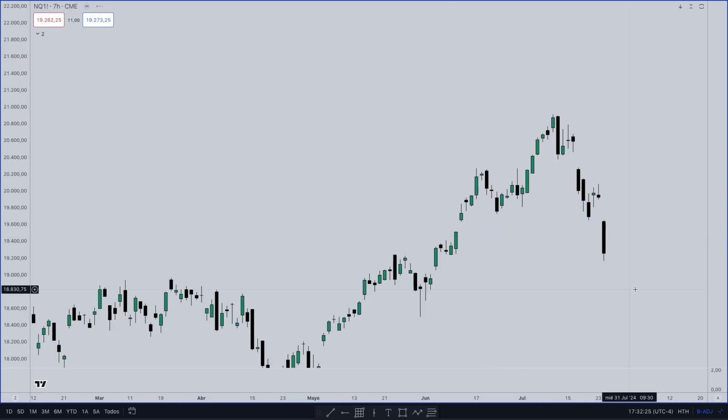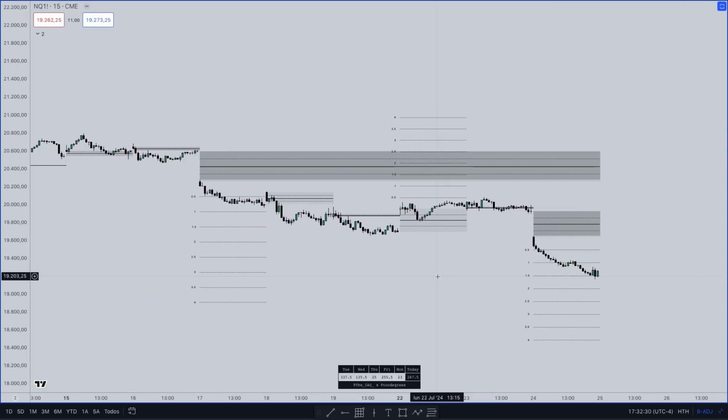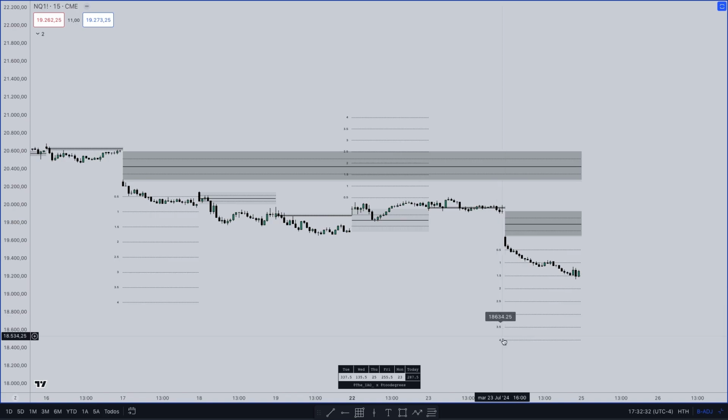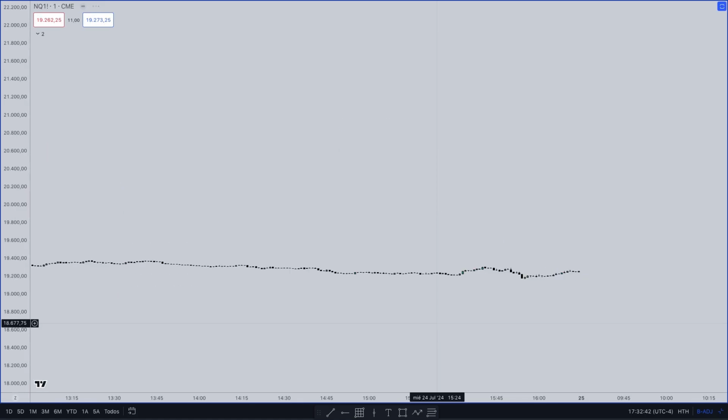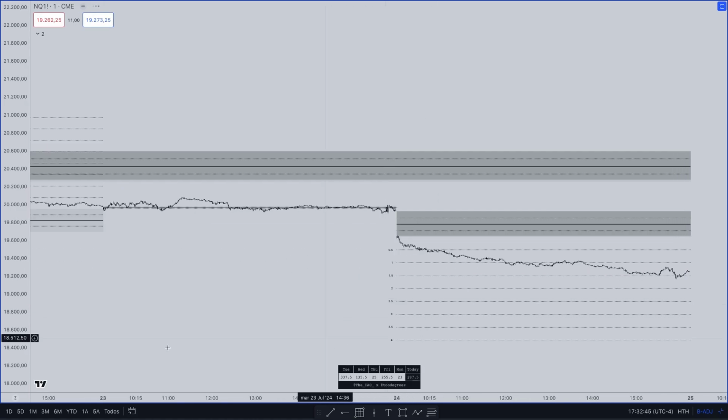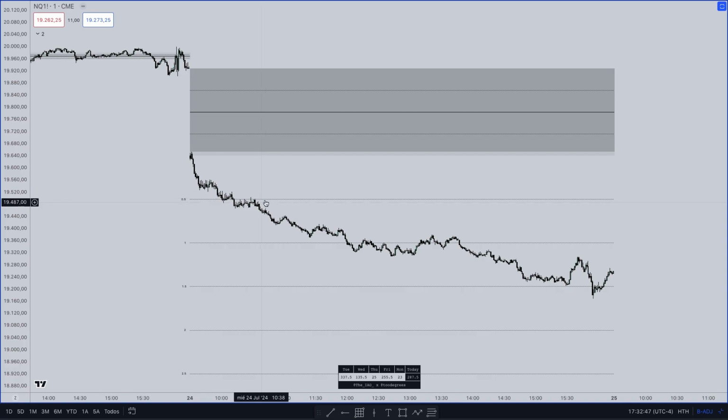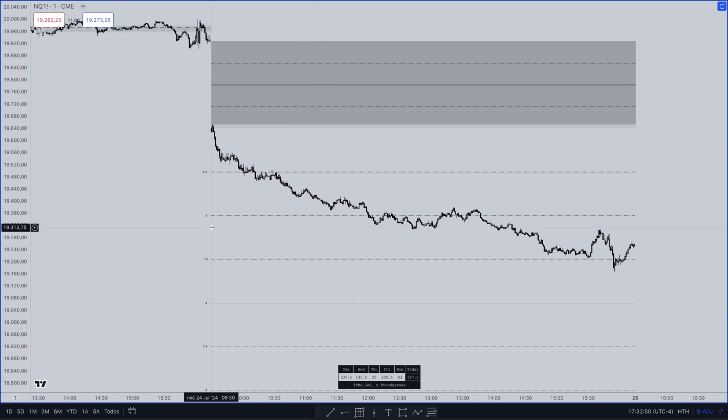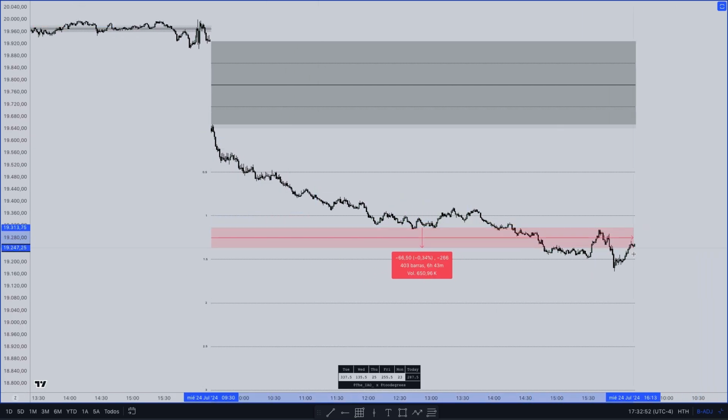Why? Because on regular trading hours, if we measure the daily range, the daily time, let's see in 1 minute, from here, the 9:30 opening to the close, we have 6 hours and 44 minutes for the daily range on regular trading hours.